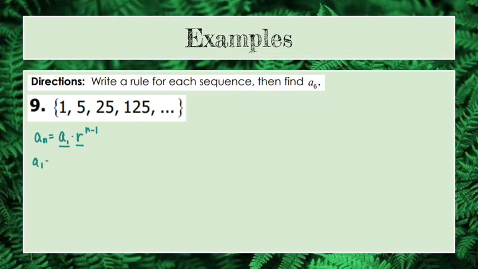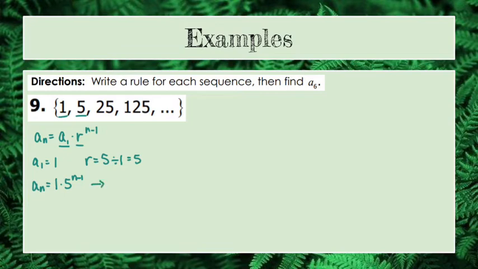So A1 equals 1 because it's the first term. r is going to equal the second term divided by the first term. So r is equal to 5. So our formula is 1 times 5 to the n minus 1 power.